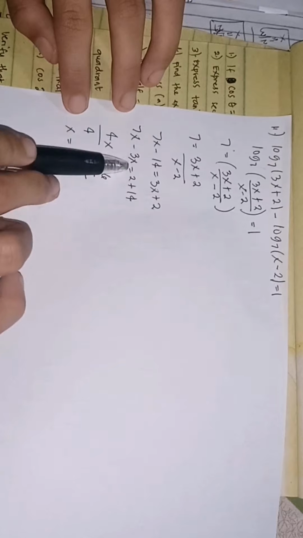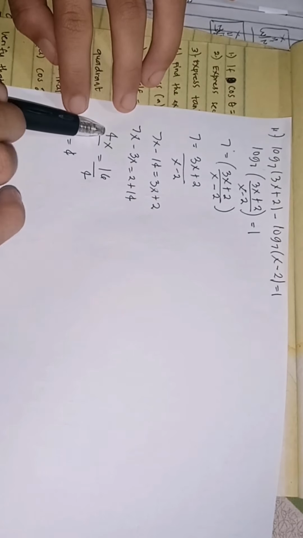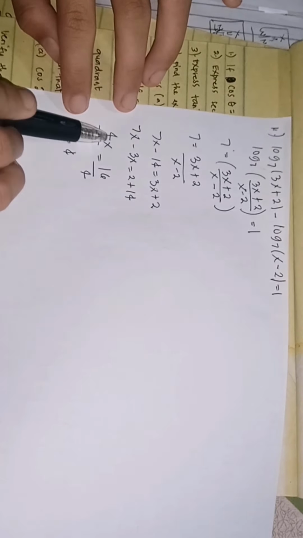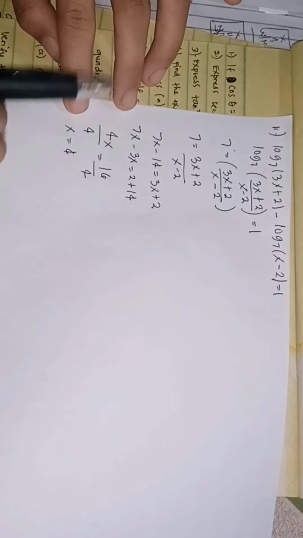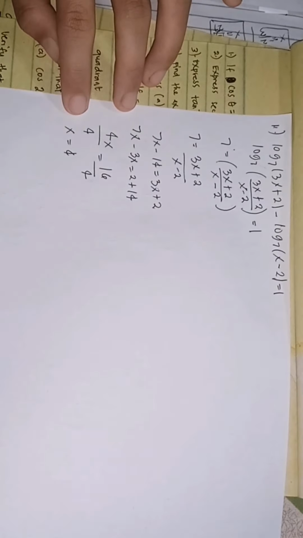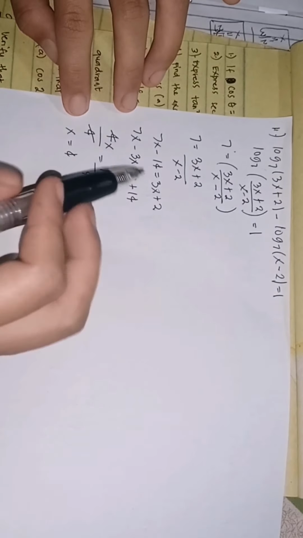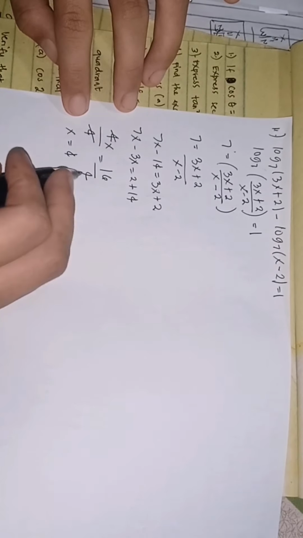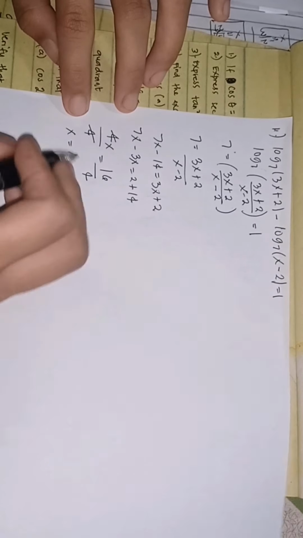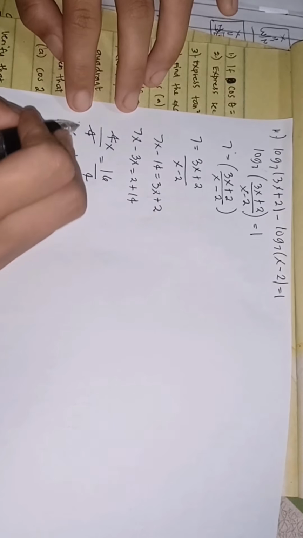To get the coefficient, divide both sides by 4, so it cancels, and what remains is x is equal to 16 divided by 4, which is just 4.